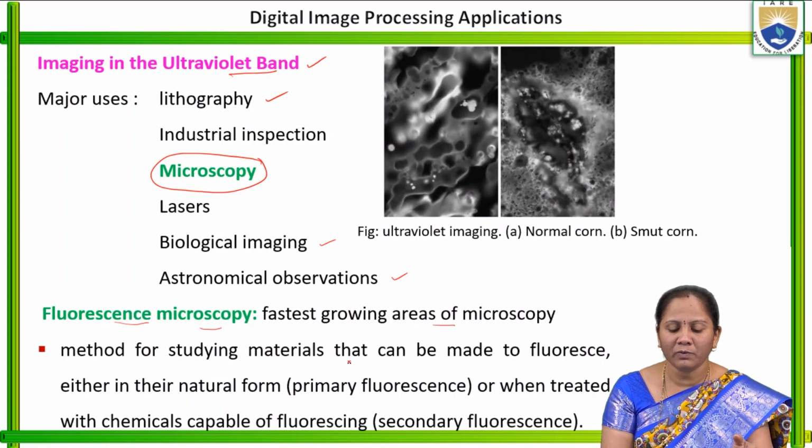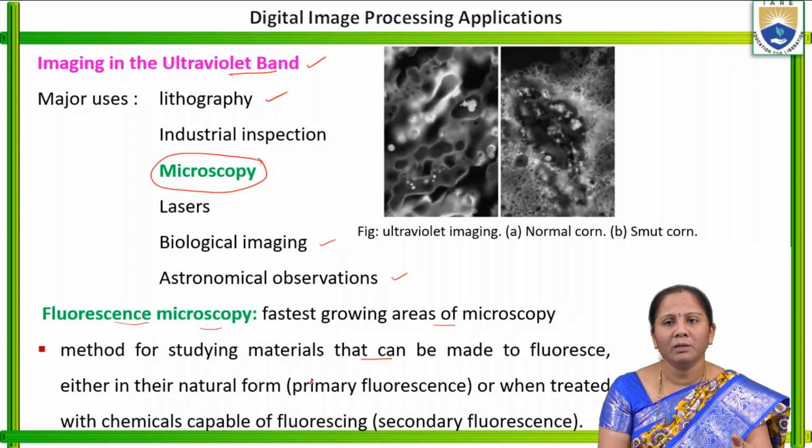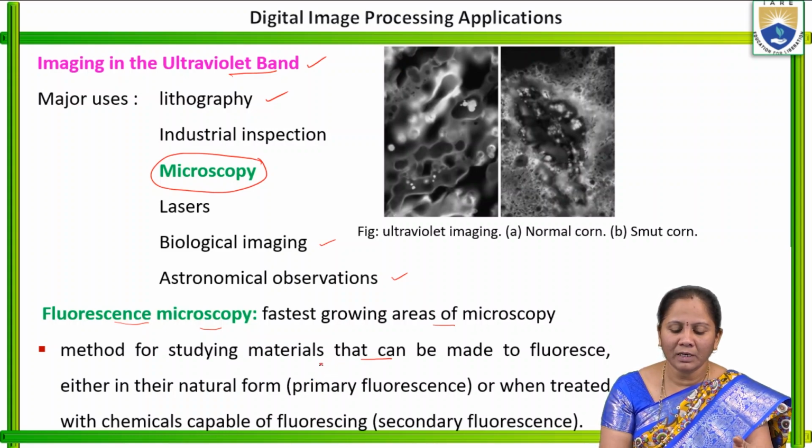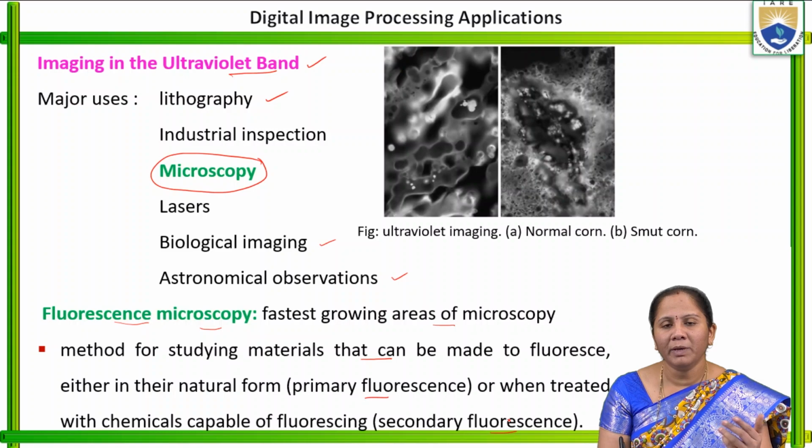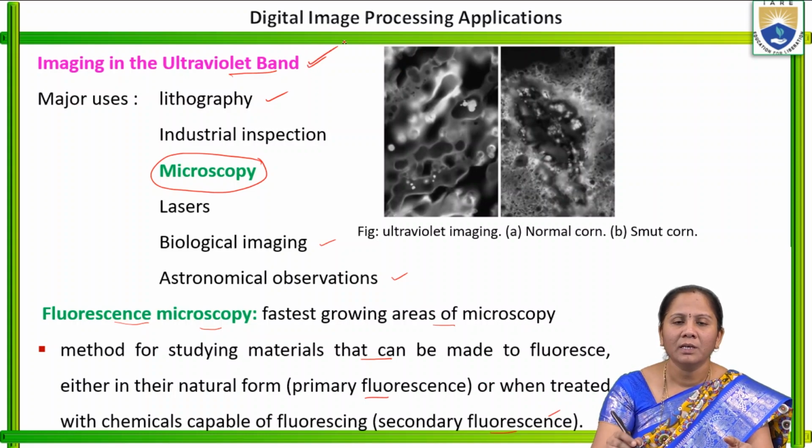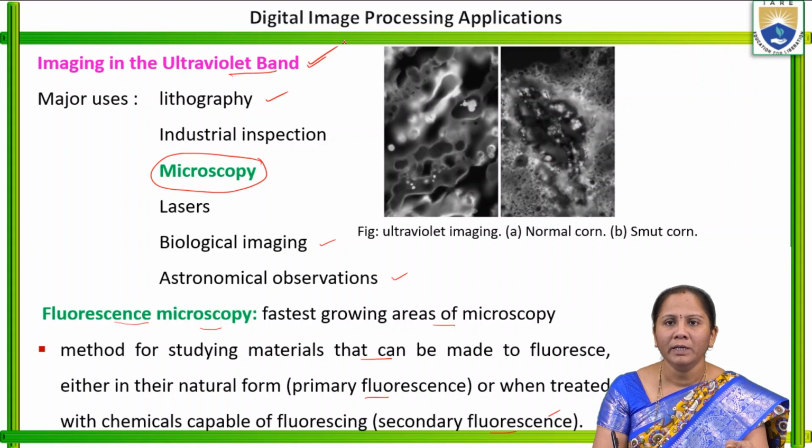It is one of the methods for studying materials that can be made to fluoresce. For example, whether the material is a primary fluorescence, or whether a chemical has been added to the material, that is secondary fluorescence. These images can be captured by using ultraviolet band imaging.